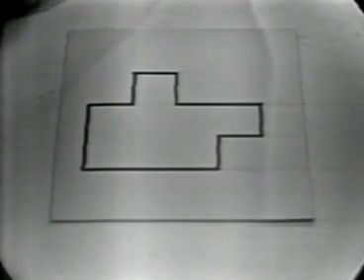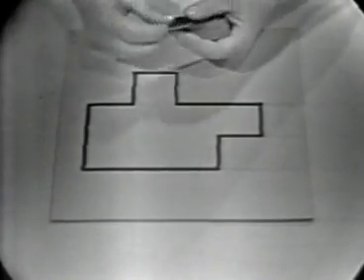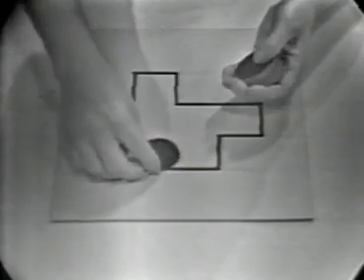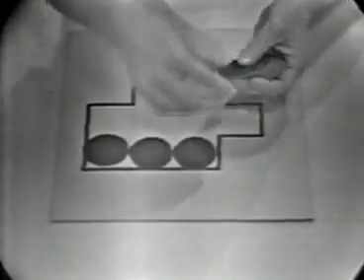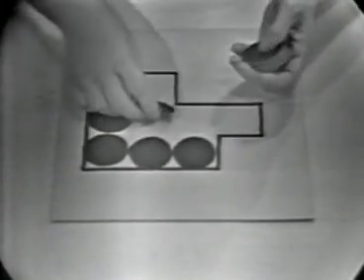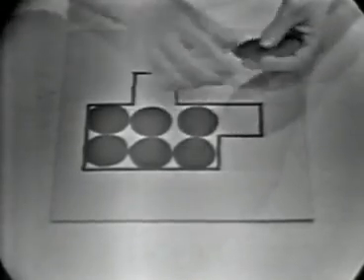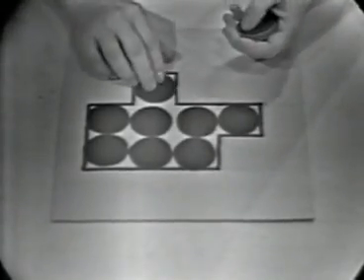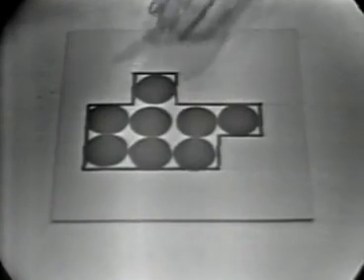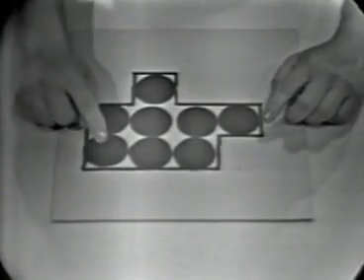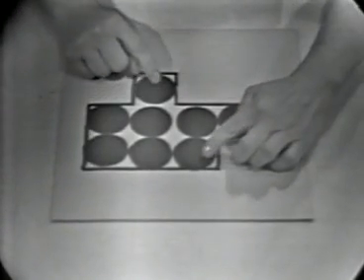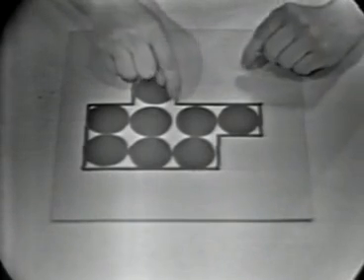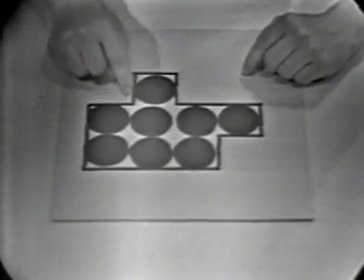This time we will take a circular region. Again, we cover the region. We know that the area must be greater than 8 of these units, for all of the region hasn't been covered.